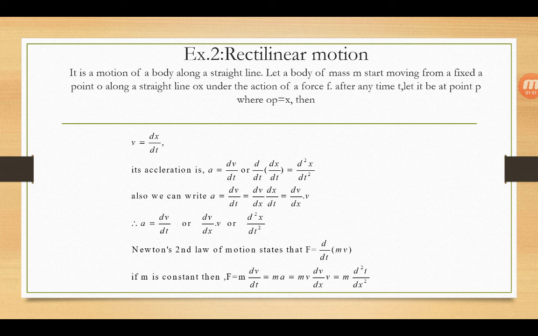Now, by using Newton's second law of motion, we all know that force is nothing but mass into acceleration. So if I substitute that value, it gives us F is equal to m into d2x by dt square. By mistake that t and x are interchanged, but it's d2x by dt square.